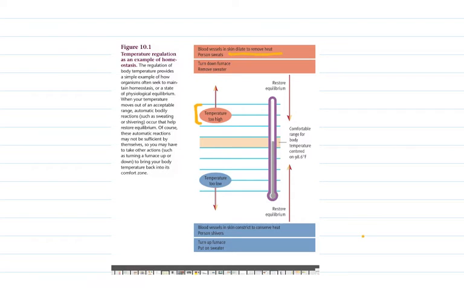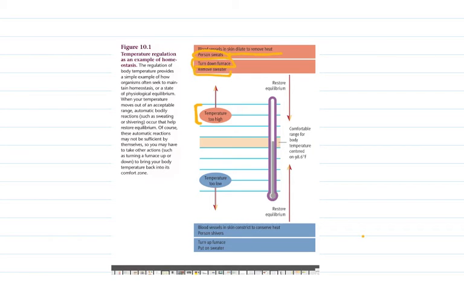And that results in the person starting to sweat, and the activity that you would most likely indulge in is that, for example, if you're wearing a sweater, you would remove that sweater, or if you have the heater turned on, you would turn down the heater.